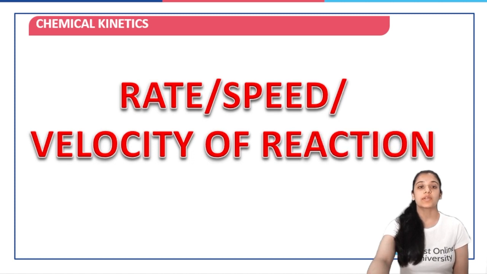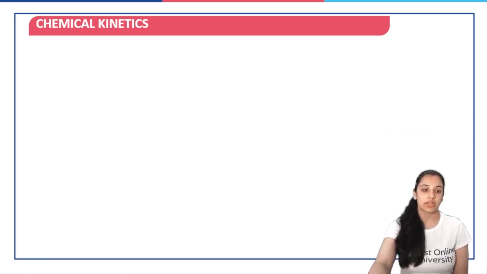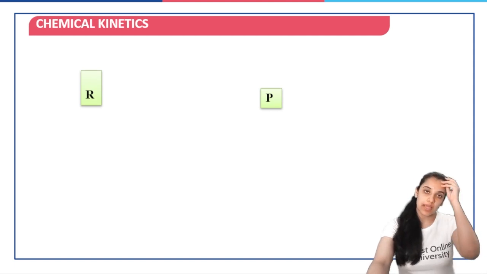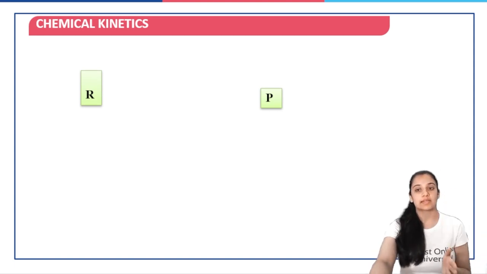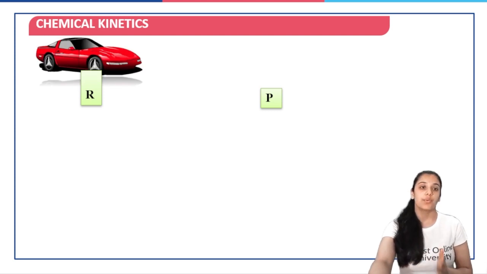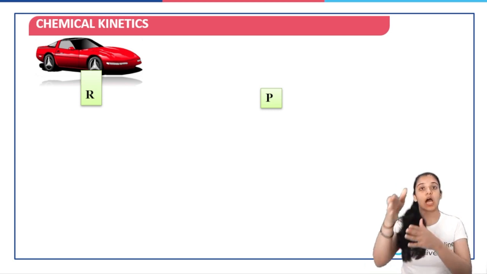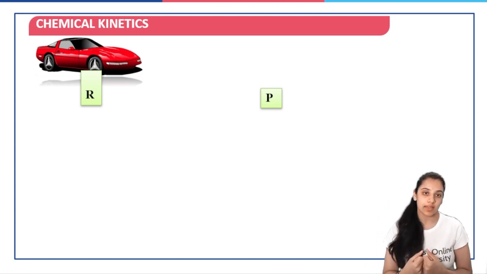Next, we study what is the rate or speed or velocity of a reaction. Now, there are two things whenever we talk about any chemical reaction. One is the reactants, the other is the product. Suppose we sit in a car and, when we are just starting to go somewhere, which is our destination, we are the reactants at that time.